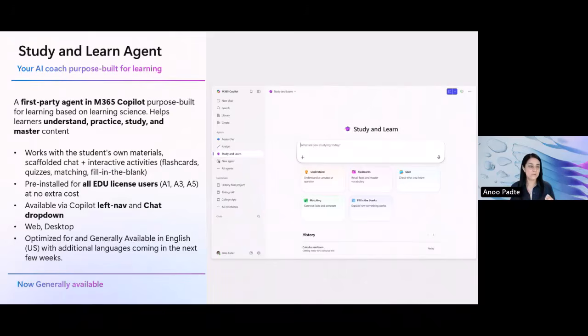And when they do, the agent just shows up. No additional deployment steps are required to bring the agent to your students, to your educators. It's available in the web application of M365 Copilot app, which is basically office.com. Go to office.com, you'll find it there, or in the desktop application. And like I mentioned, the agent is optimized for and generally available in English US today, with additional languages coming very soon.